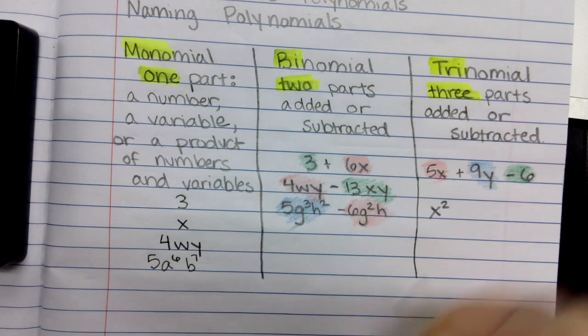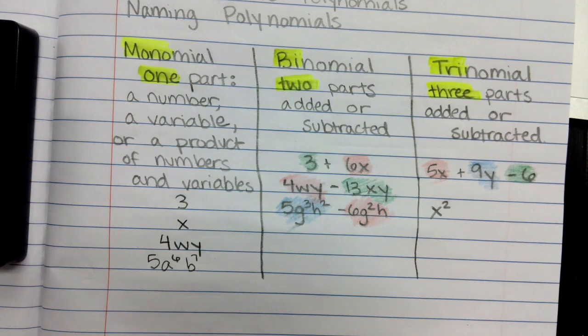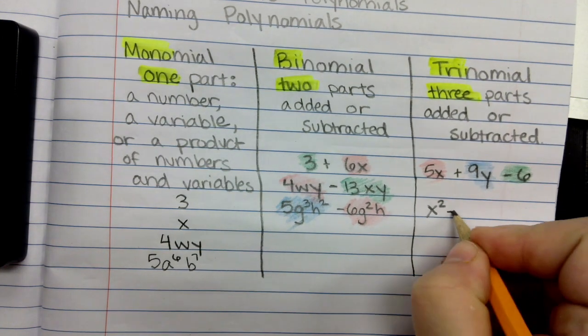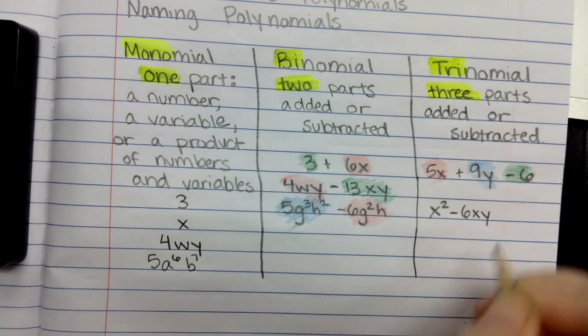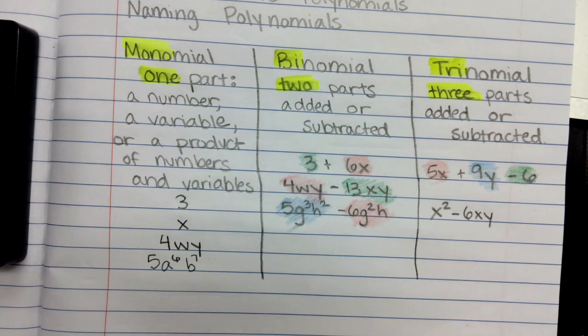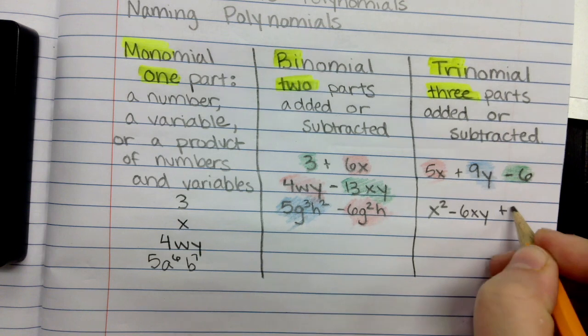Alright, so that's a monomial, a binomial, and a trinomial. So that brings us to our last vocabulary word today. And our last vocabulary word is called a polynomial.